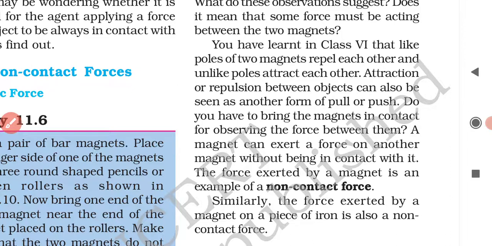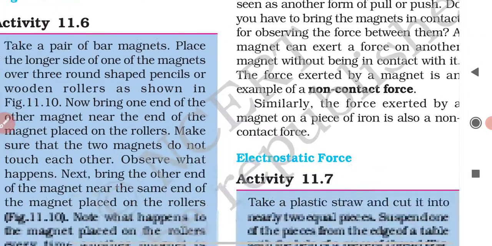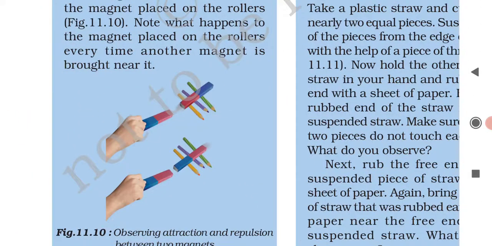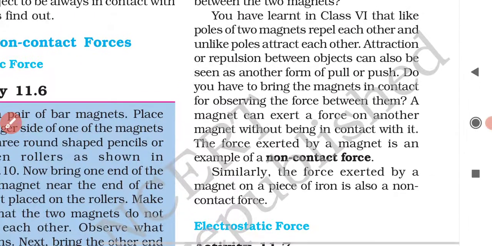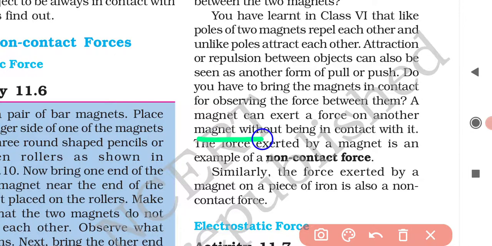So do you have to bring the magnets in contact for observing the force between them? No, you did not, right? The two magnets should not be in touch with each other. You have made sure the two magnets do not touch each other, here also and here also. Clear? So a magnet can exert a force on another magnet without being in contact with it.